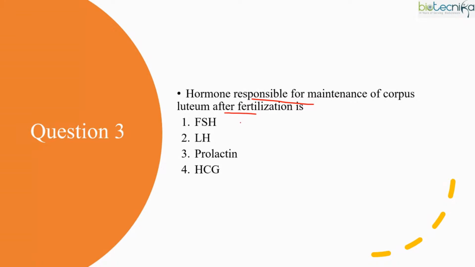The hormone responsible for maintaining it, remember, is the HCG hormone. If HCG is present, only then will the corpus luteum be maintained. Otherwise the corpus luteum will degenerate and form corpus albicans. So the right answer here is option 4.